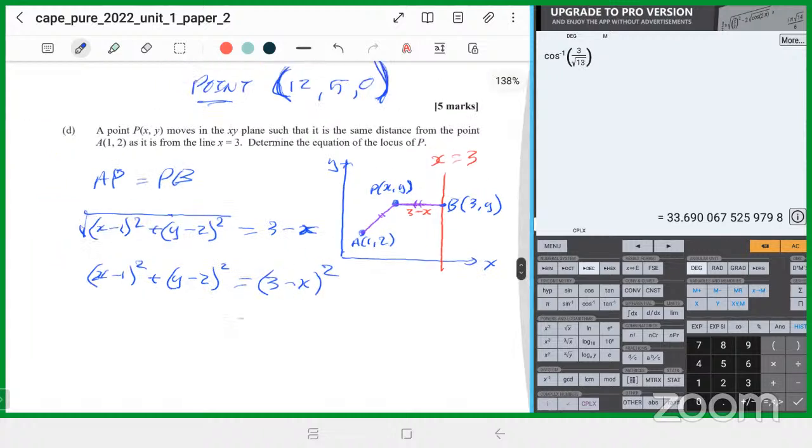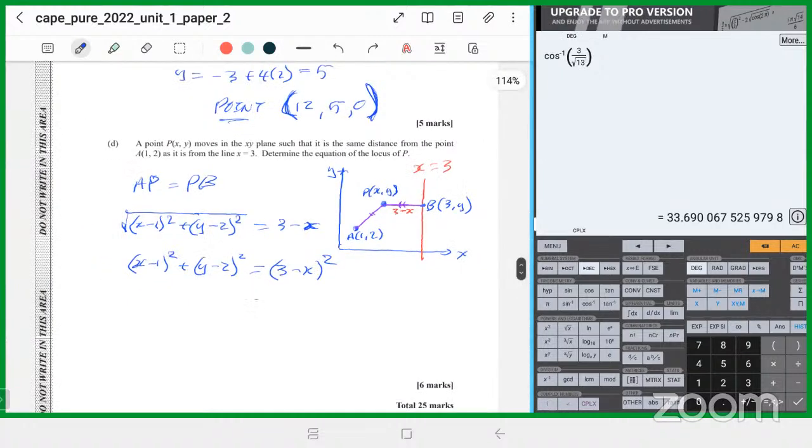I don't think I should waste time working it down because they didn't tell us, but this is a locus. Understand that, guys? If you expand it out, the x squared is going to produce an x squared on this side and an x squared on this side, so the x squared is going to be eliminated, but we're not going to get into that now.